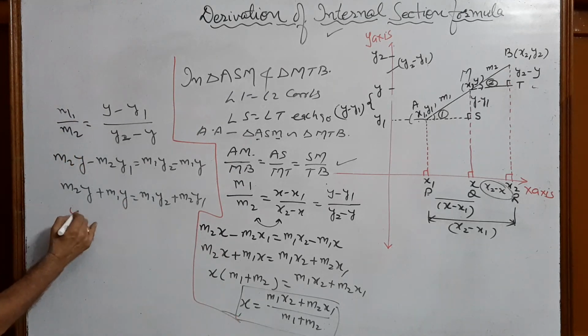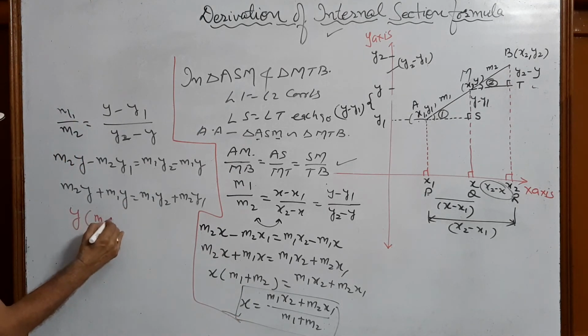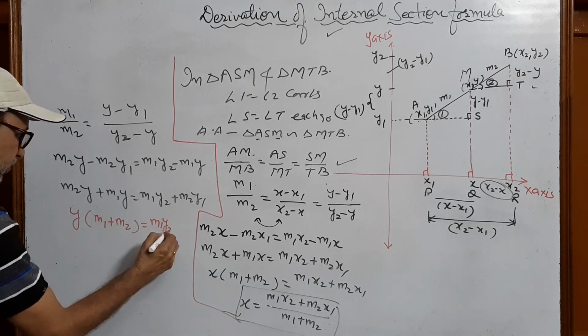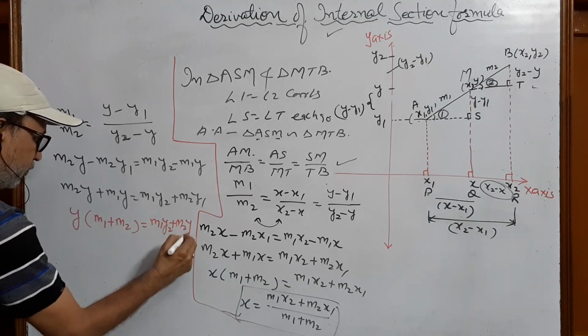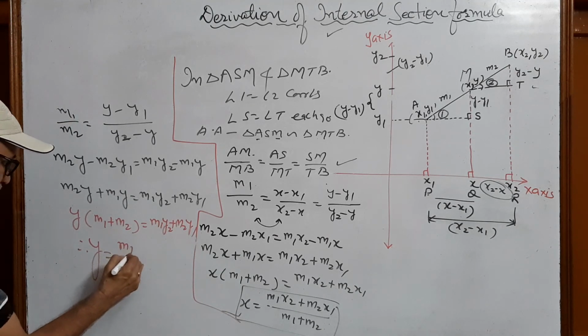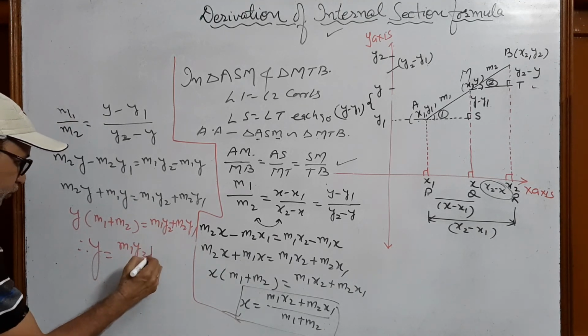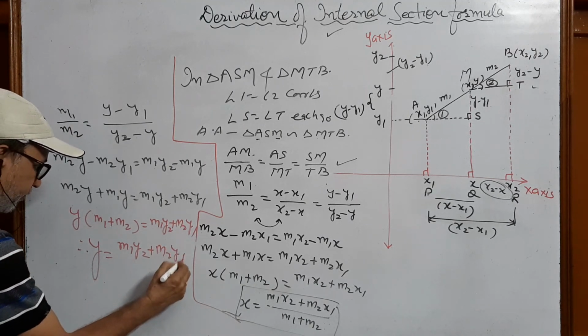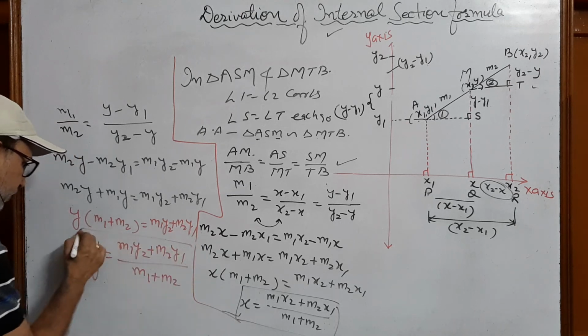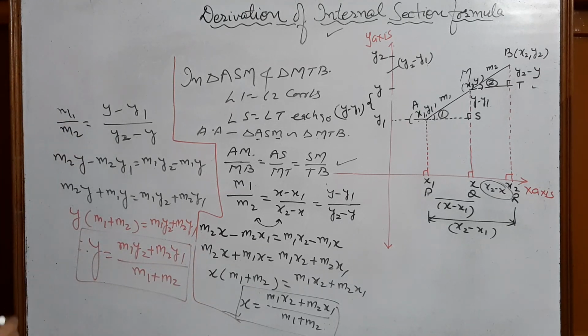Y is common, so (M1 plus M2) Y equals M1 Y2 plus M2 Y1. Therefore Y equals (M1 Y2 plus M2 Y1) upon (M1 plus M2). So in this way we can find the coordinates of the point, X and Y.